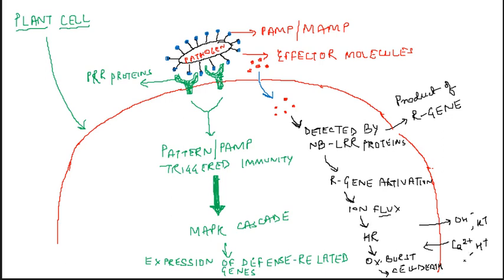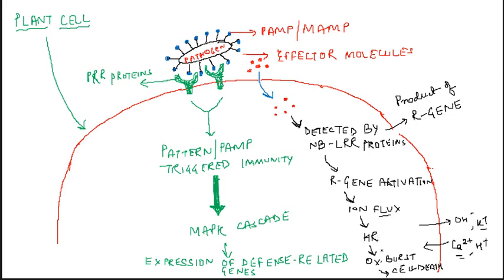What changes in ion flux occur? More and more Ca2+ and H+ enter in, and hydroxyl ion and K+ exit. So there is efflux of hydroxyl and K+ and influx of calcium and H+. When this ion flux occurs, there is a hypersensitive response.